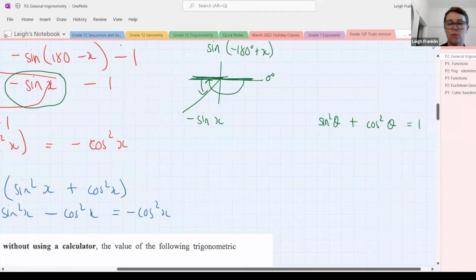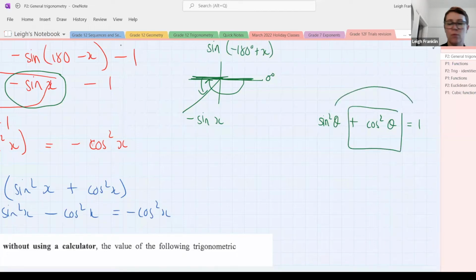If I leave cos squared theta on this side and take the other term over to the other side, I would say that cos squared theta is equal to 1 minus sine squared theta.